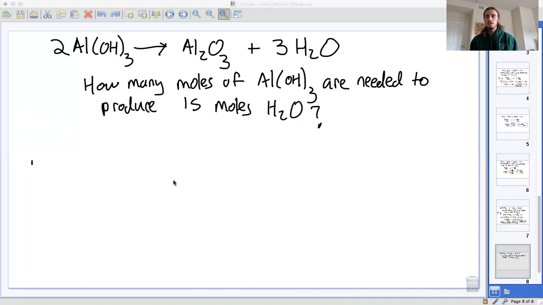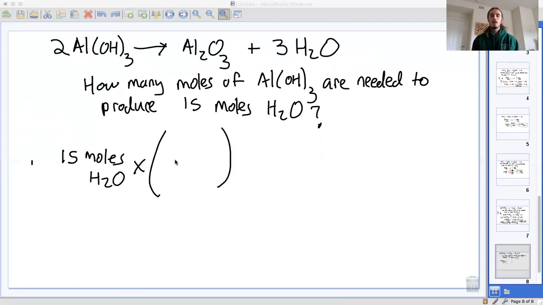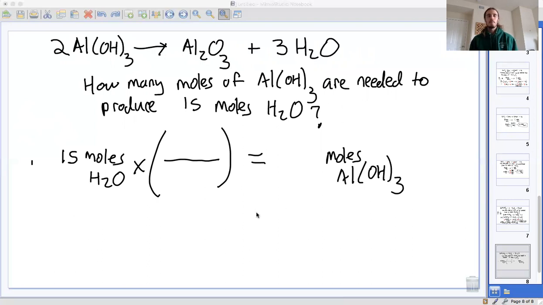So let's just do this one with a conversion factor. 15 moles of water is what we're starting with. We're going to multiply by a conversion factor, and we want to end up with moles of AlOH3.